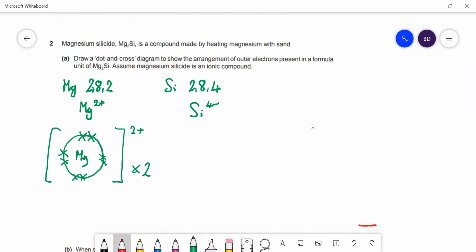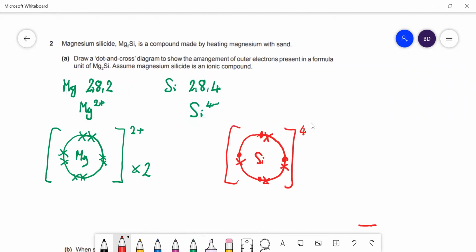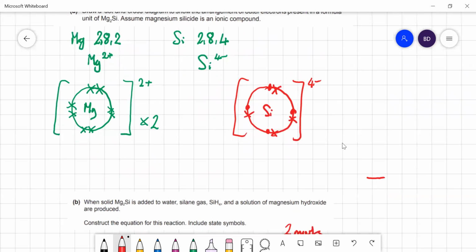And the silicon, well, that's going to look like the outer shell. So silicon is going to have 4 of its own electrons, which just draws the dots, and then it's got these 4 crosses, which it has gained from the magnesiums. So that is going to be 4-.